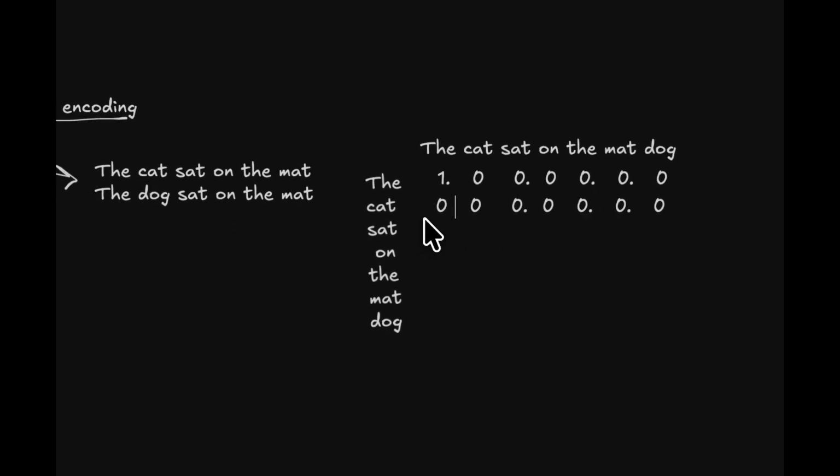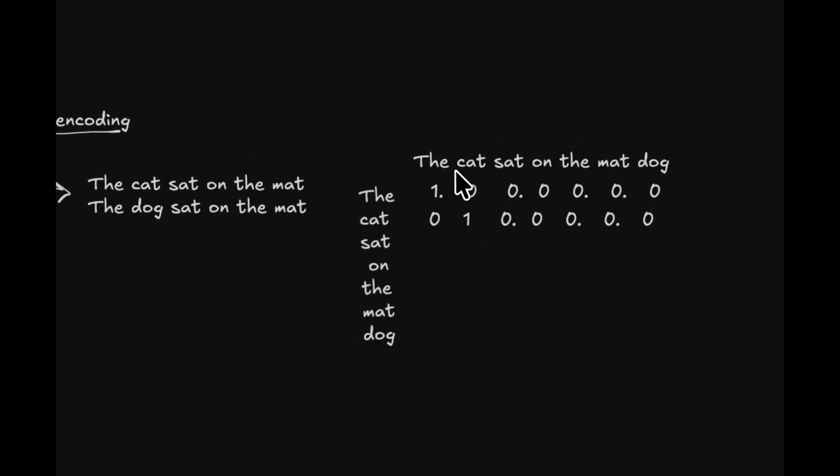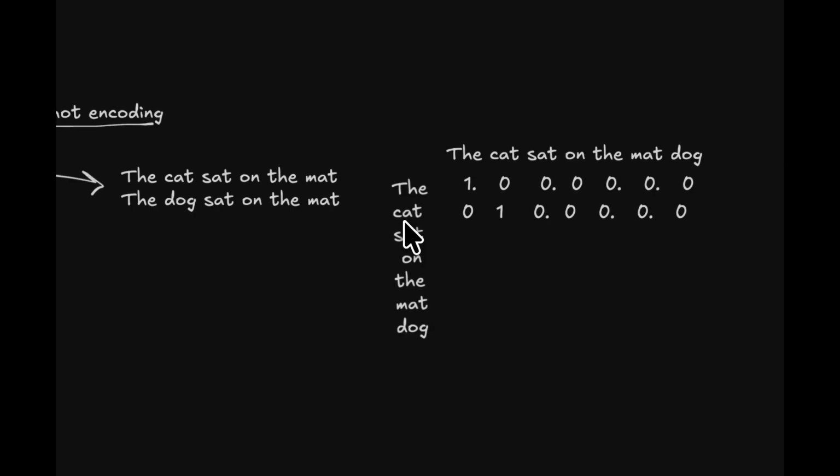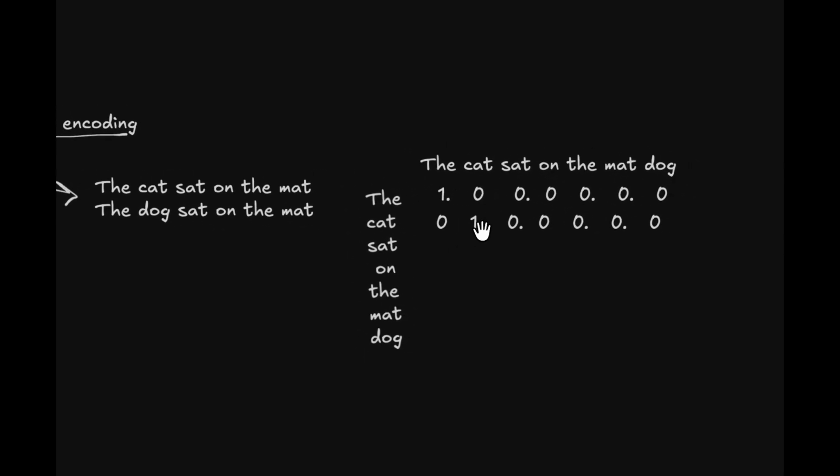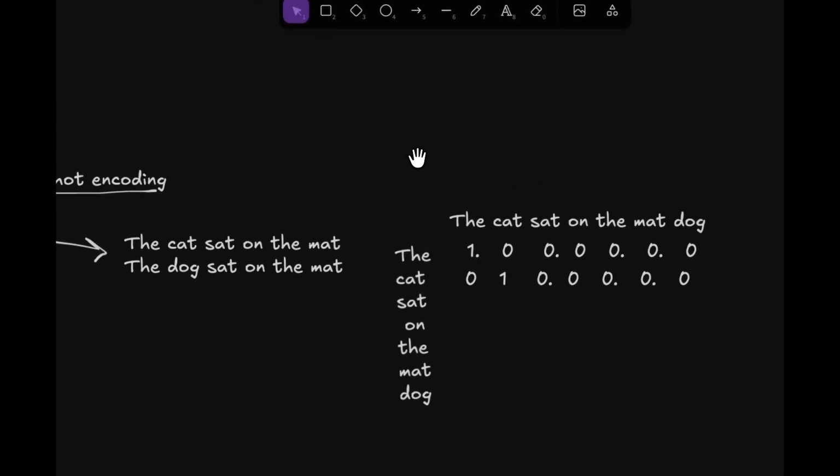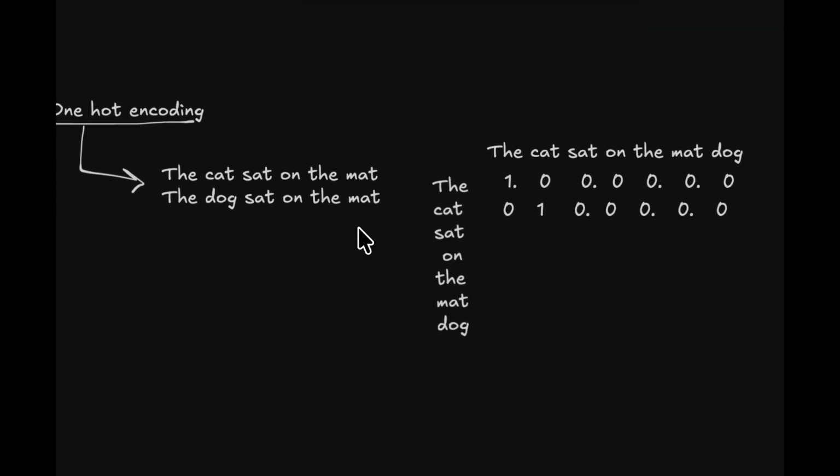At first, the one hot encoding for the. Let me paste it right here, and I'm just going to reverse it. It's not the correct option, I guess. I think this one.